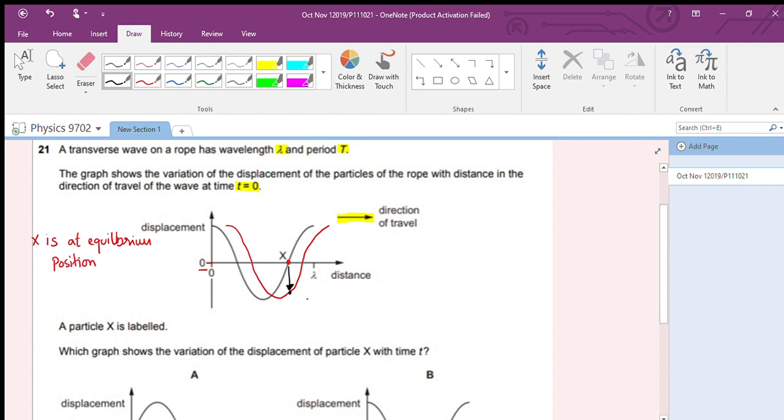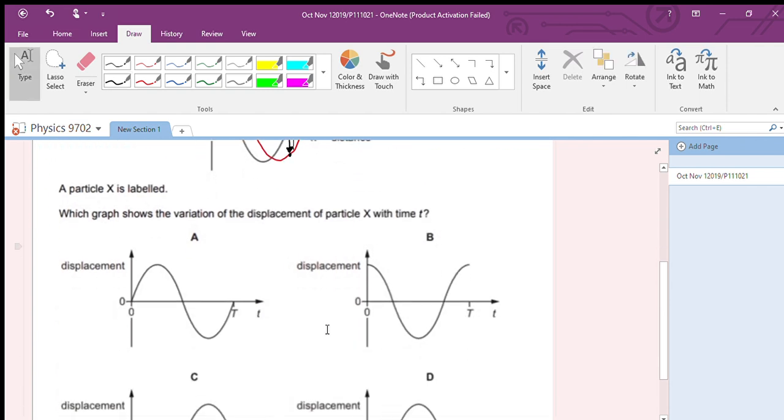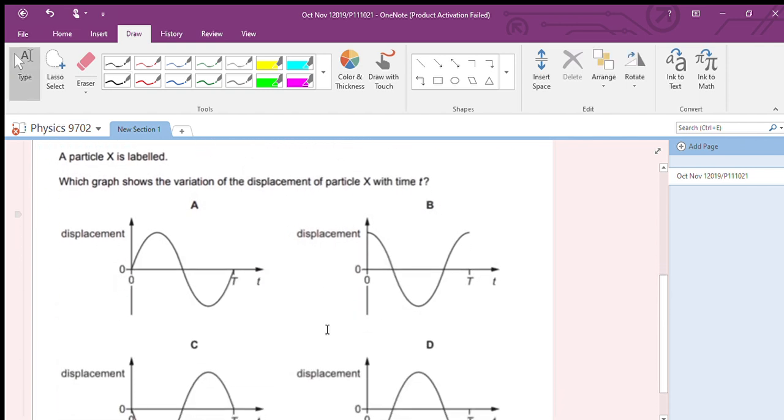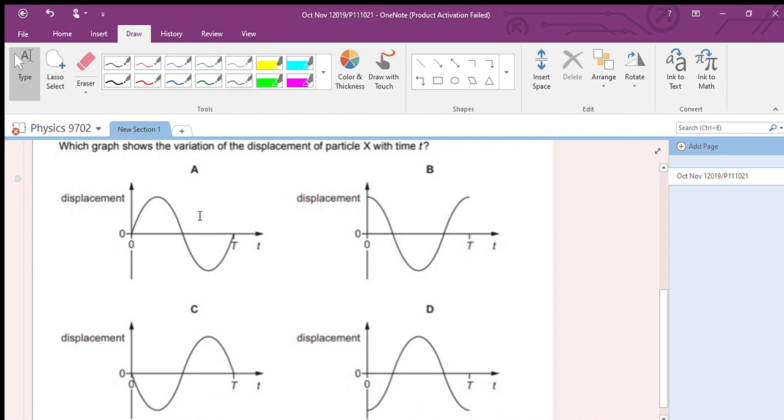So it means that in the displacement against time graph, this particle X should move downwards from displacement 0. You can see that in options A and D, the particle is moving upwards.